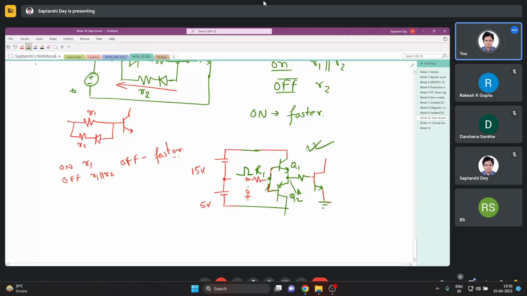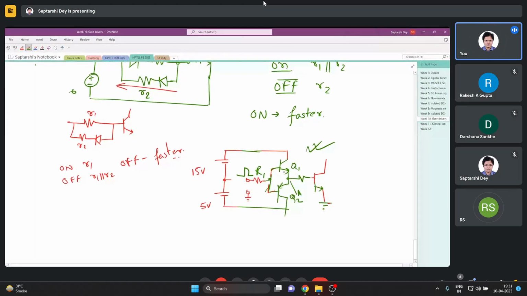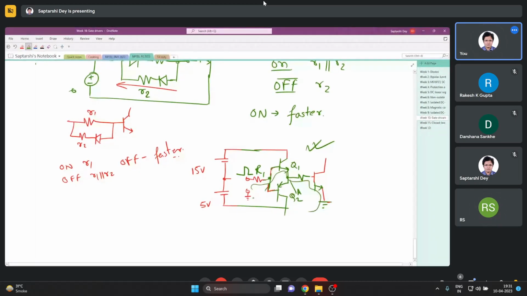The base current of Q1 also completes its path through this switch. So for faster turning on of Q1, this R1 should be less. I shouldn't say less, you have to design some value. Generally, it is a small value, 22, 47 or 2.